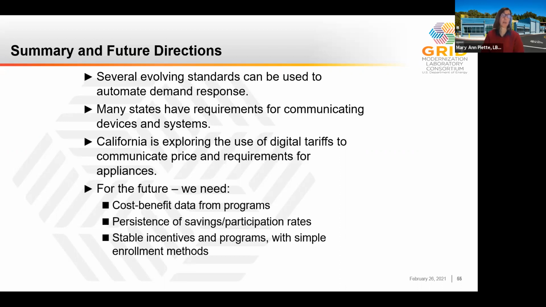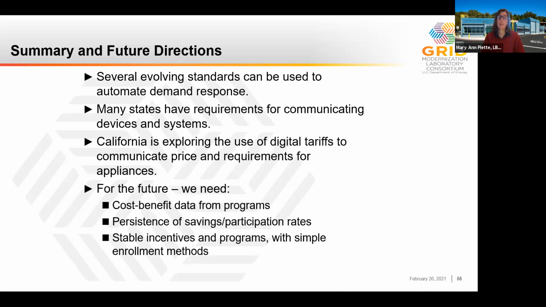Some people want a communicating refrigerator that can tell them what kind of groceries they need, or have some other smart devices on them. So we're starting to see these kinds of things in homes. But of course, those tend to be the high-income homes. I reviewed for you that many states are requiring communication on their devices, and California is making a very direct investment in the use of digital tariffs.